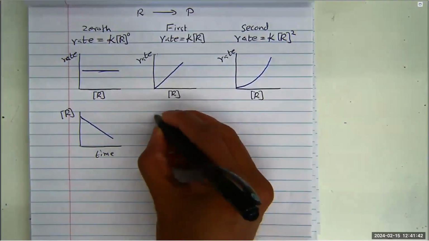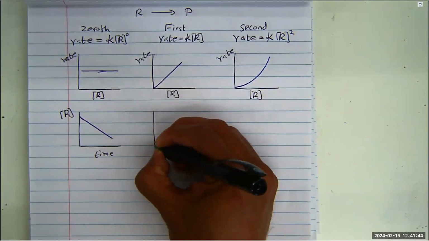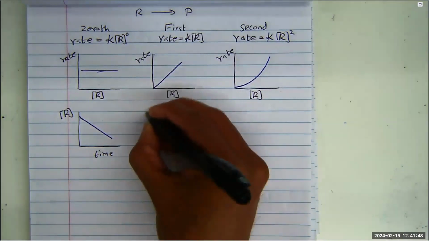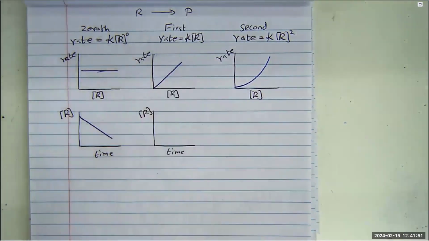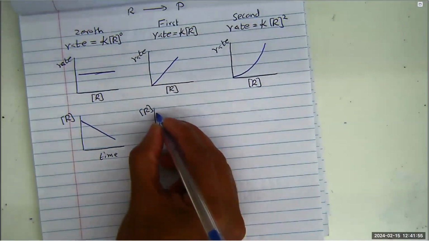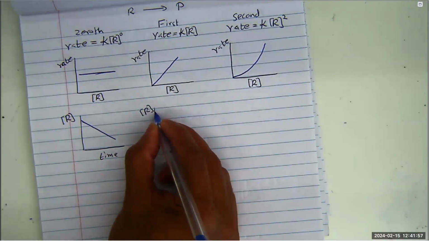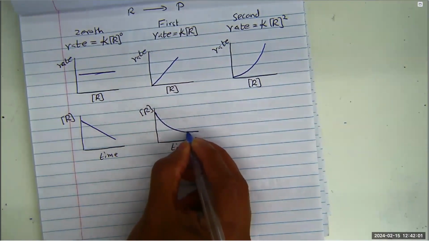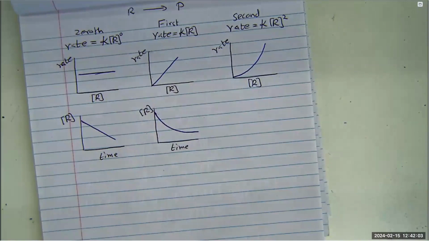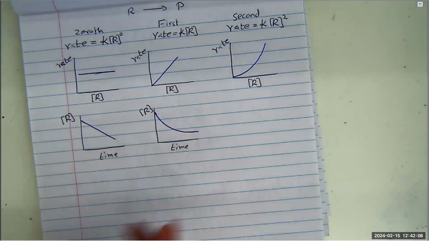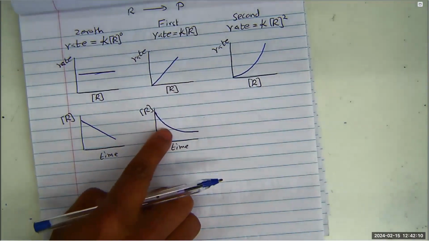And then when it comes to first order reactions, with time, the reactant concentration goes down. As a result, the rate of the reaction decreases as well until it reaches equilibrium. The slope of this graph is the rate of the reaction.